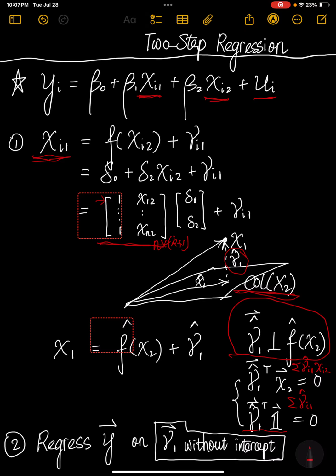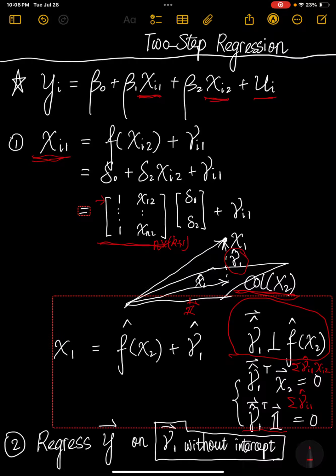Geometrically, it means that the residual vector is orthogonal to the constant vector. So this is the constant vector here, and it exists in the column space of the design matrix.